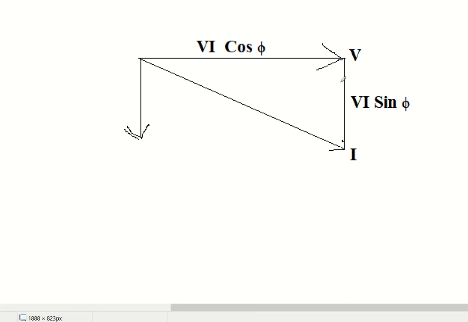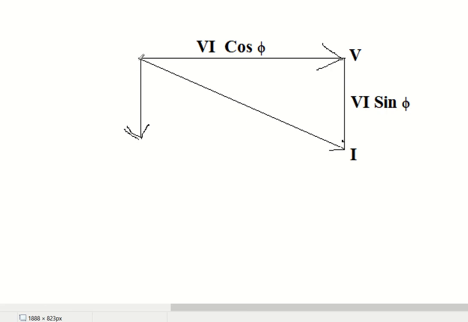The line I have drawn perpendicular to V is nothing but the sine component of my I, and this line is the cosine component of my I. If I take out two components of this vector, they are I sin phi and I cos phi.